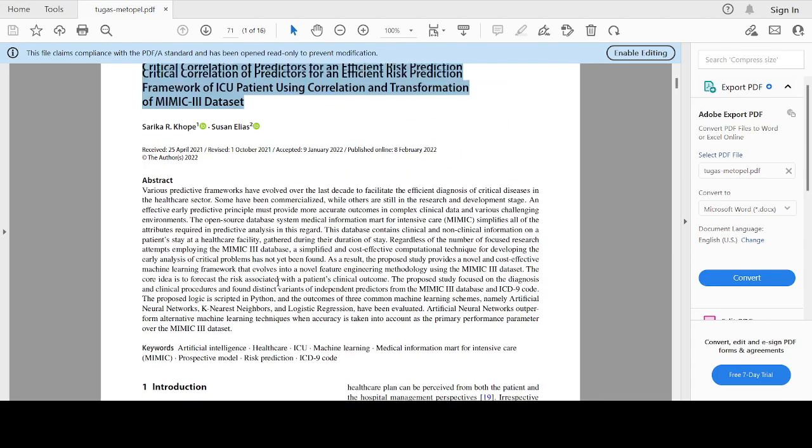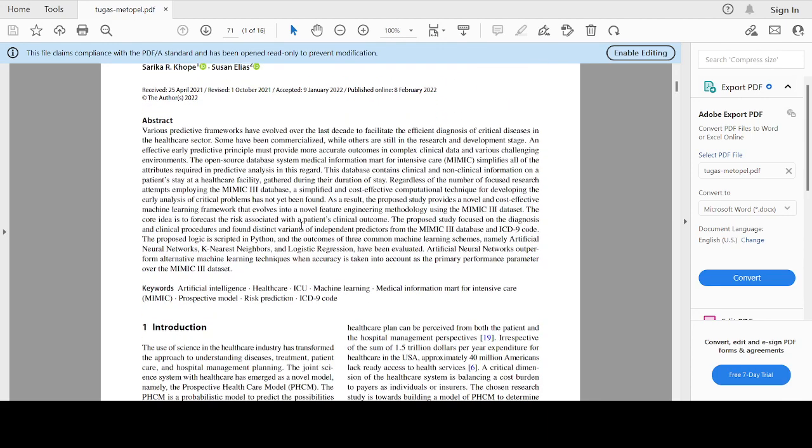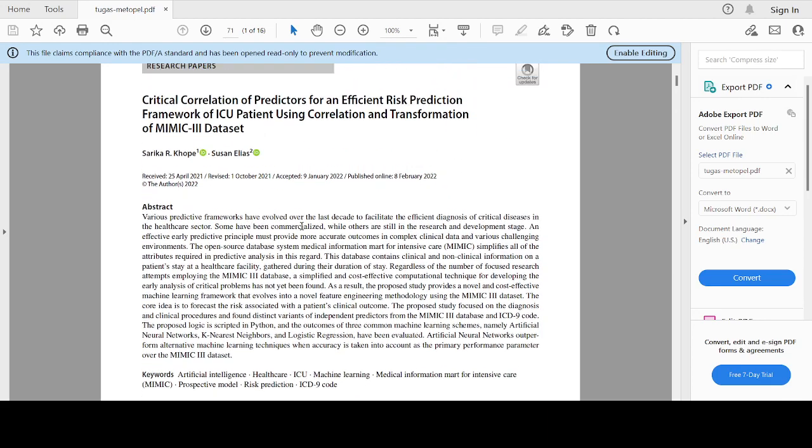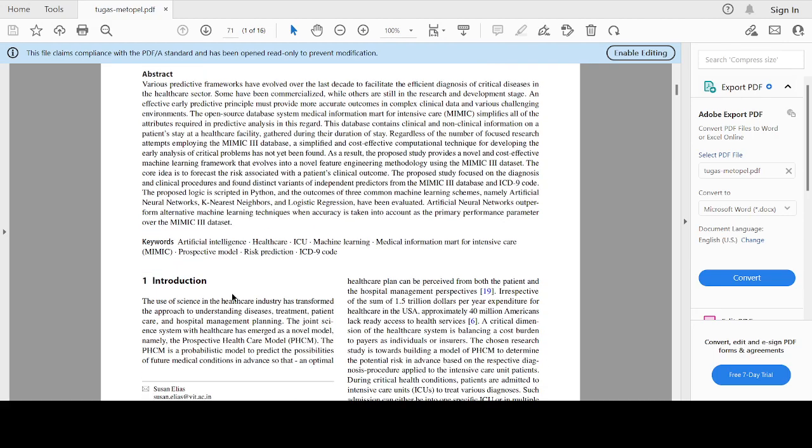Because this title discusses ICU patient and risk prediction framework, the researcher needs to describe it in the introduction, literally the introduction to their research.